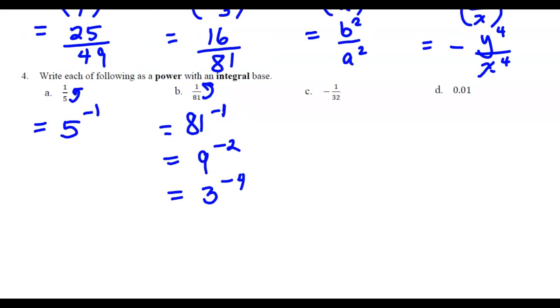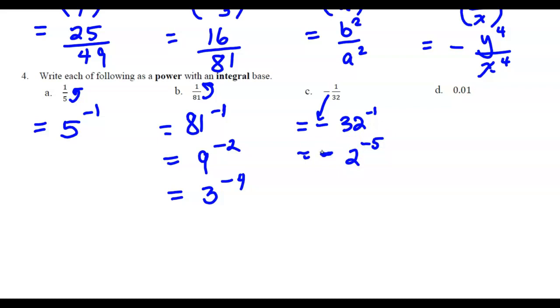So this next one with the negative, I'm just leaving that negative out front. This will be 32 to the negative 1, or 32 is 2 to the 5th, so 2 to the negative 5.